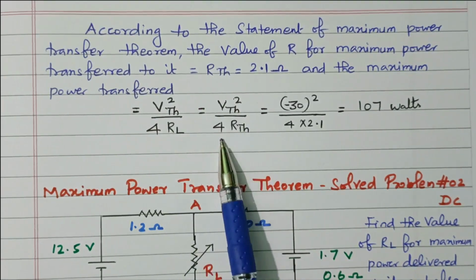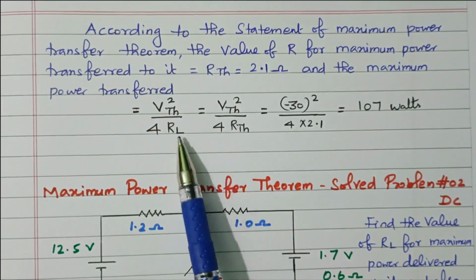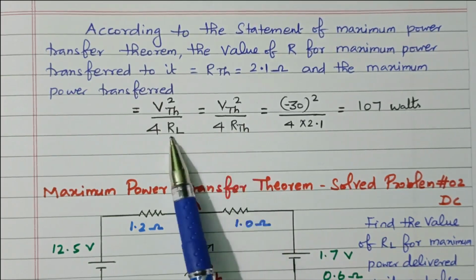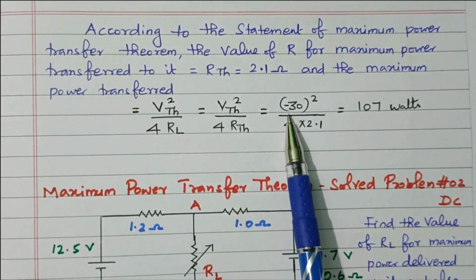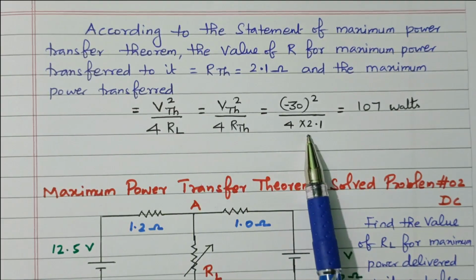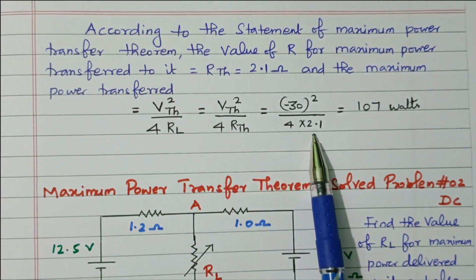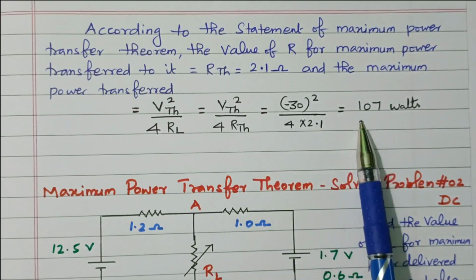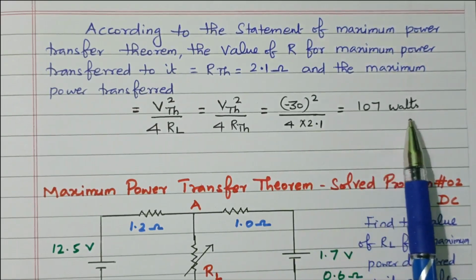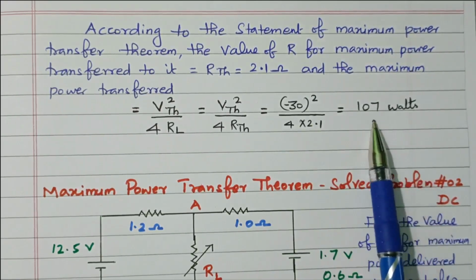So VTH squared divided by 4 into RTH. Both are equal, RL equal to RTH. So V Thevenin is minus 30, squared, divided by 4 into R Thevenin, which is 2.1 ohm. By simplifying we got 107 watts. So this is the maximum power delivered to the load.